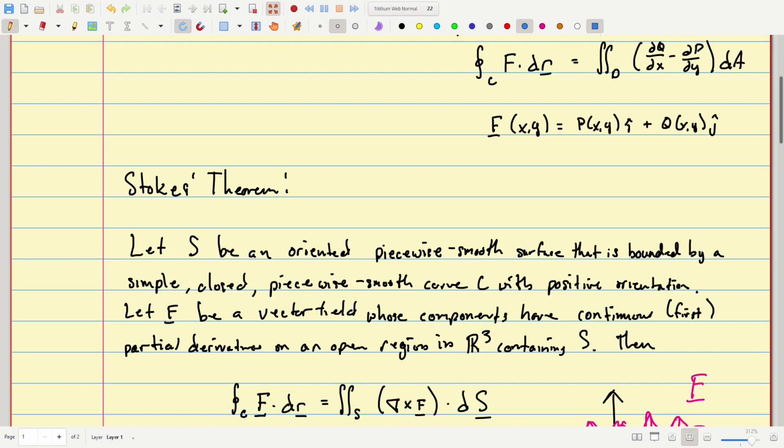The idea is that we have a surface that we are placing in a vector field, and in that surface, we can detect the curl along the surface of that vector field by just examining what happens at the boundary if we have a nice enough surface and a nice enough boundary.